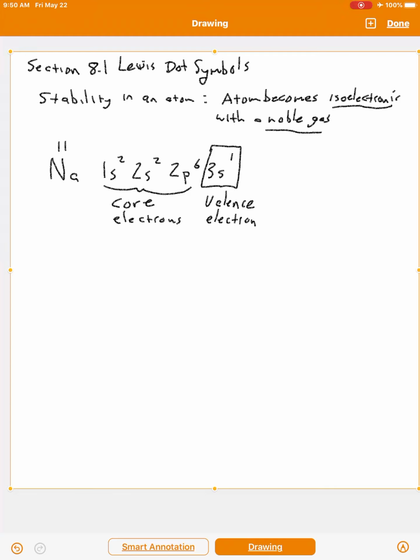If we consider the core electrons of the sodium atom, 1s2, 2s2, 2p6, if you look through the periodic table, you'll find that's the same configuration as neon, element number 10.